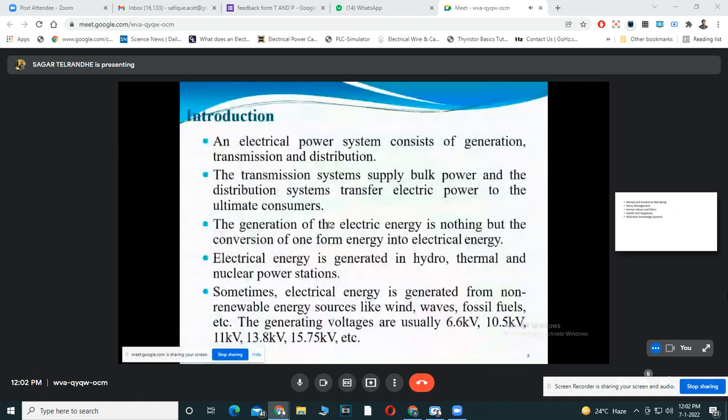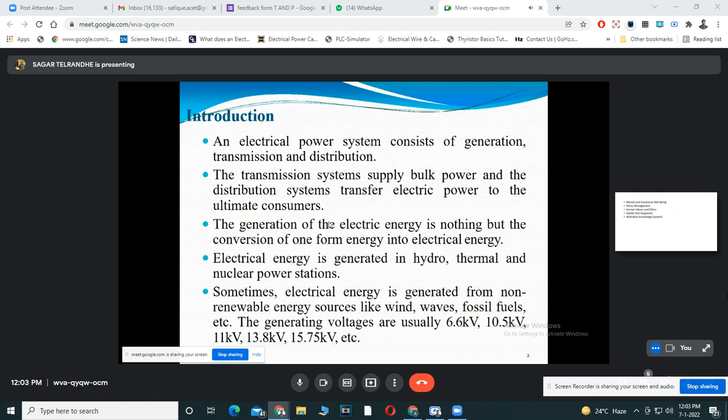Starting with the introduction, we say that an electrical power system consists of generation, transmission, and a distribution system. The transmission system supplies bulk power, and the distribution system transfers electric power to the ultimate consumers. The generation of electrical energy is nothing but the conversion of one form of energy into electrical energy.